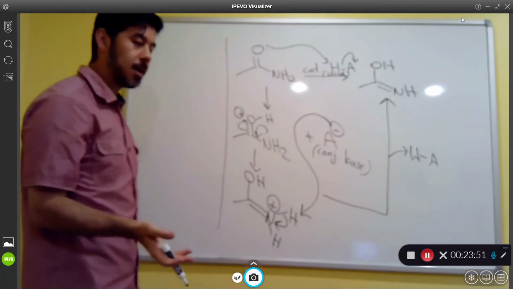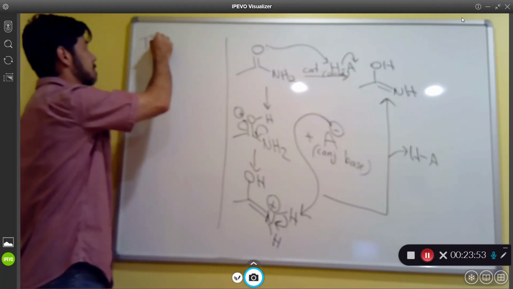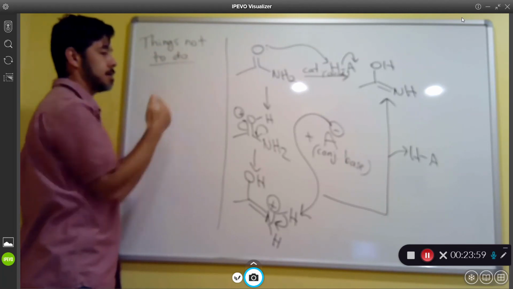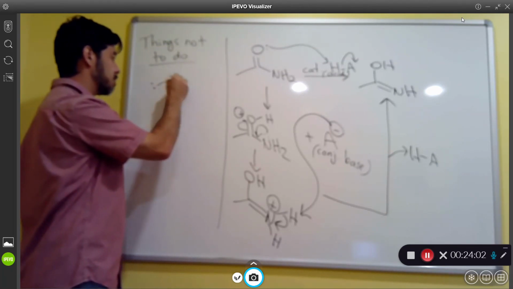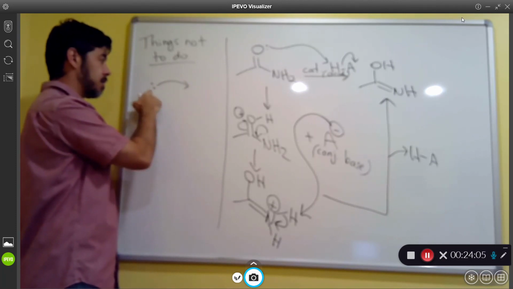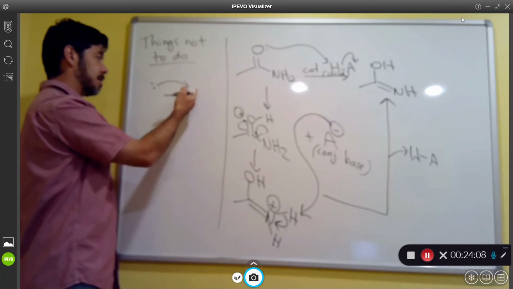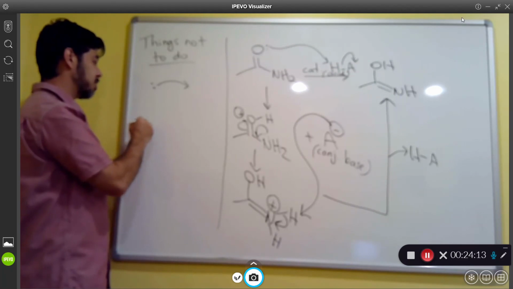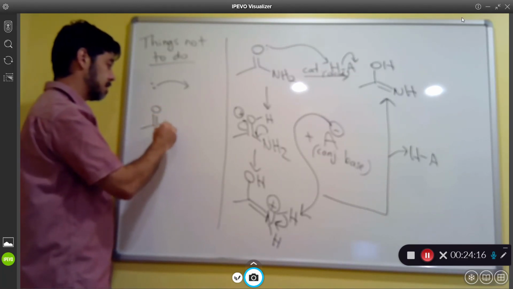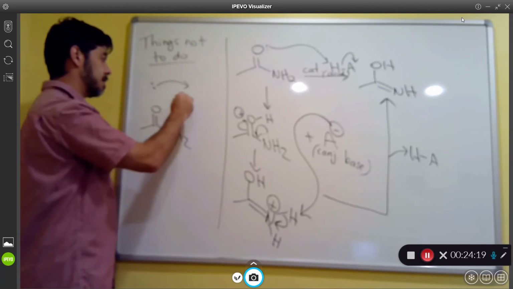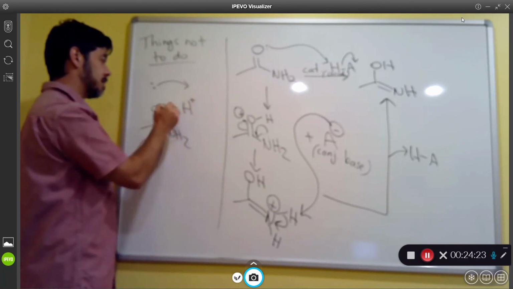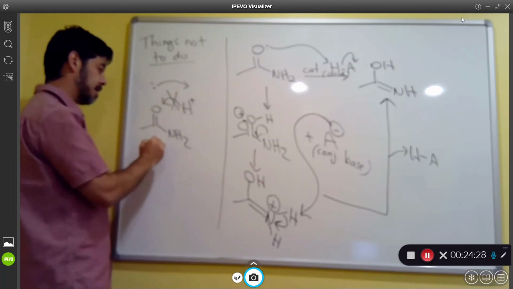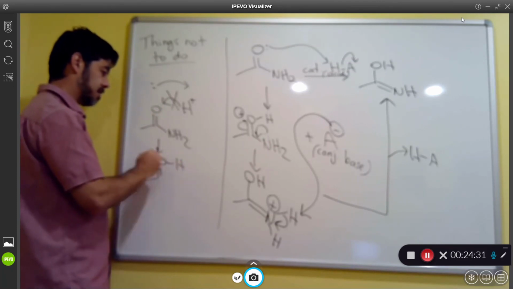I just want to emphasize and highlight things not to do. Recall that arrows denote the flow of electrons. Here I have a lone pair, and that's going to go to an atom or pick up a proton. What you cannot do, and I see this every year, is if you have some kind of proton here, have the proton attacking to give you this desired structure.